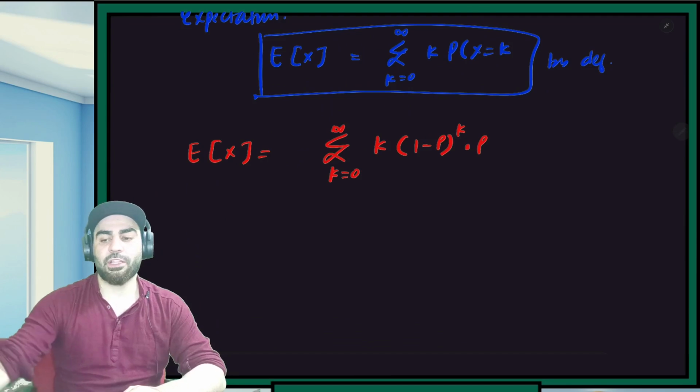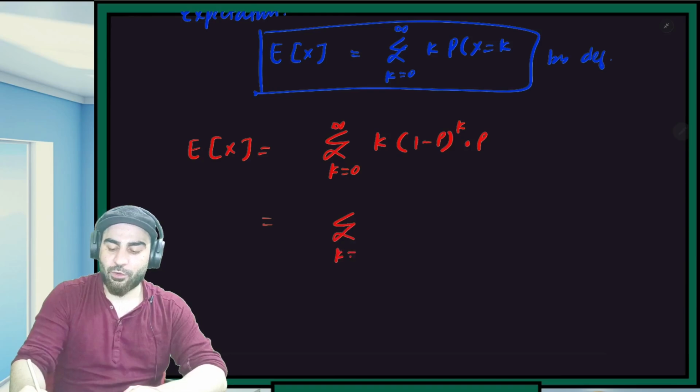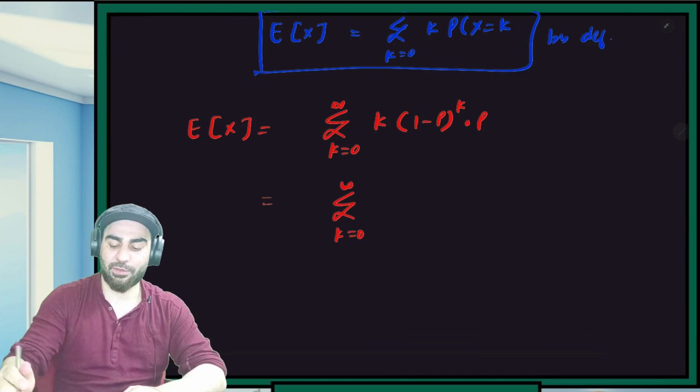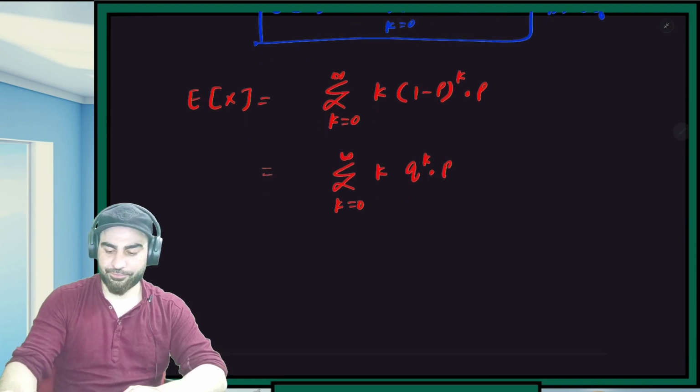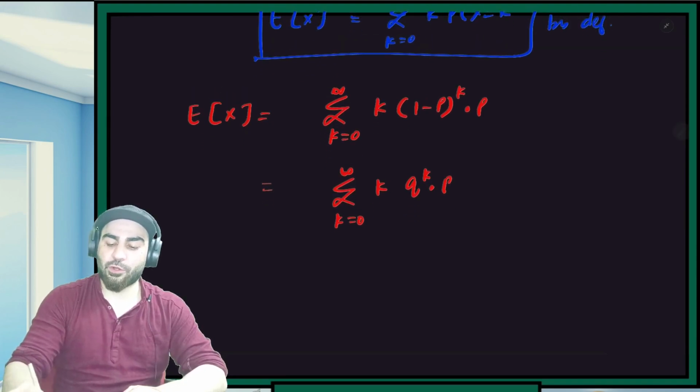Now in order to compute this, I can just write q to make the equation simpler. K is equal to 0, q to the power k, times p. Keep an eye on my calculations because I have a tendency to write here and there. I could have done one thing if this k was not here.